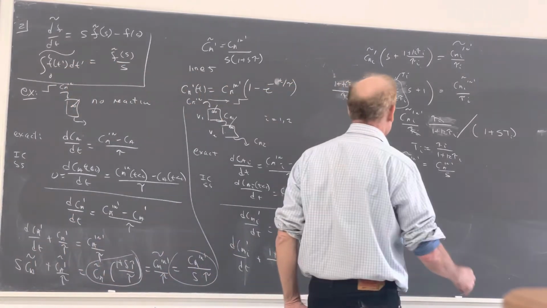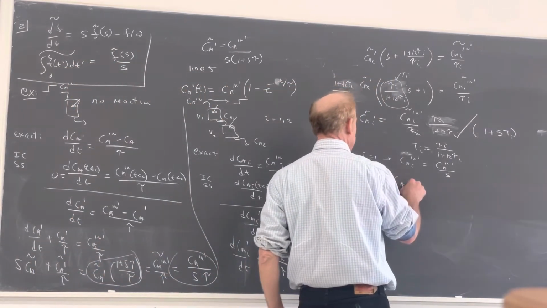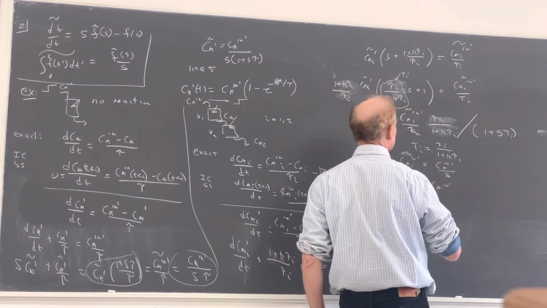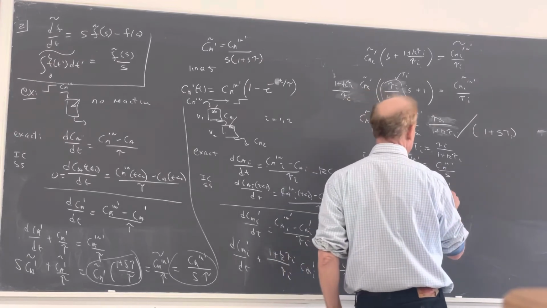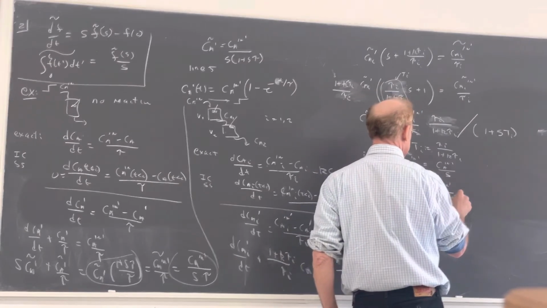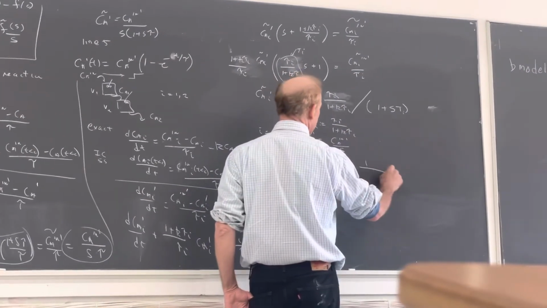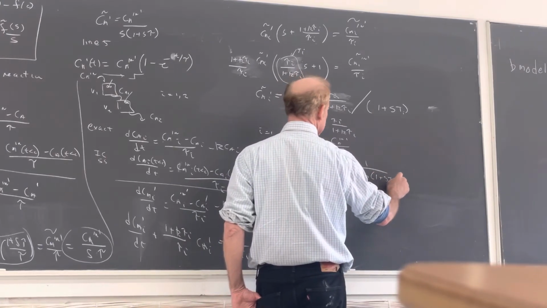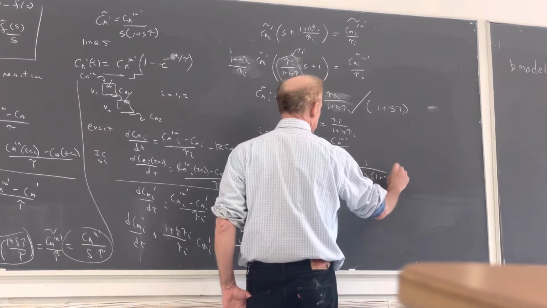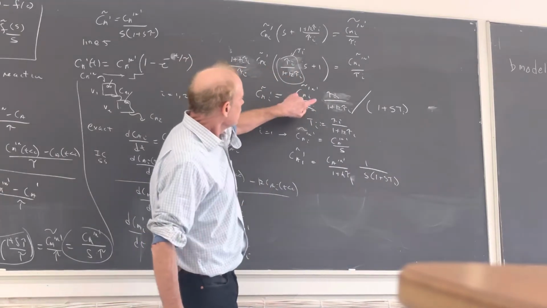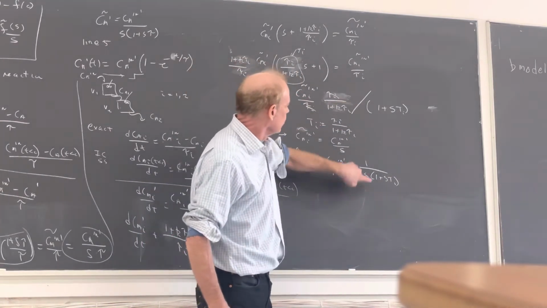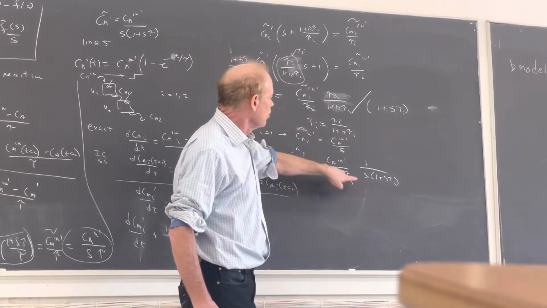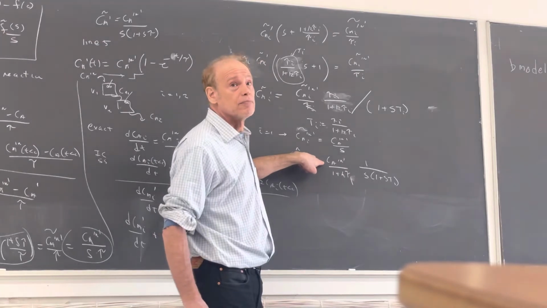So if that's the case, then I have C_A1' tilde is C_Ain' times 1 over 1 plus k tau 1, times 1 over s, 1 plus s t_1. So what did I do? This came along for the ride, this came along for the ride, and I just noticed that C_Ain' tilde was 1 over s times C_Ain'.